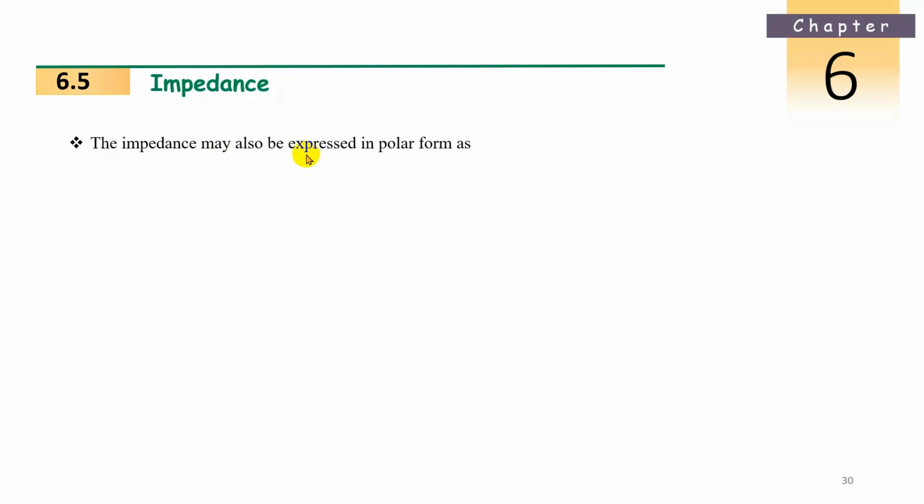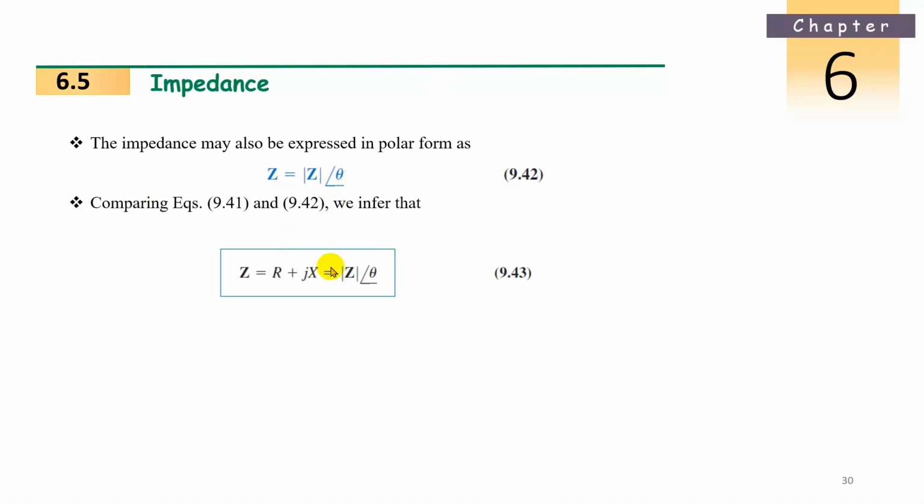The impedance may also be expressed in polar form as Z at an angle theta. I told you the three formats: polar, rectangular, and exponential. Exponential is not much needed here; mostly polar and rectangular are used for impedance and admittance. We'll see admittance later. Comparing the equations, R plus jX is equal to Z at an angle theta.